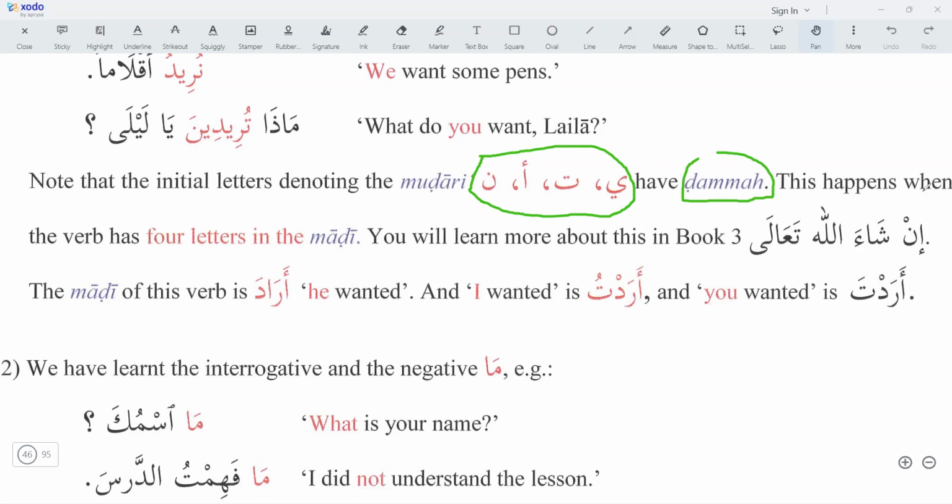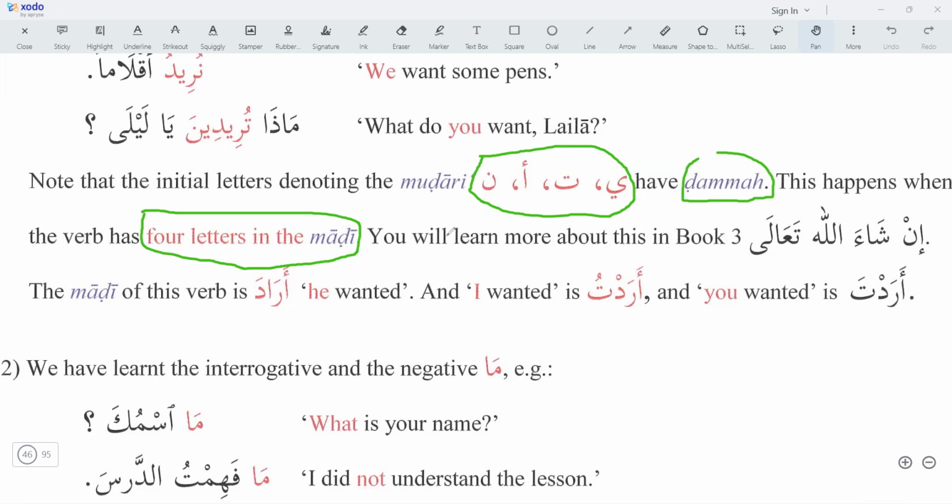This happens when the verb has 4 letters in the fi'l madi. If the verb has 4 letters, 4 radicals, in the fi'l madi, then in the fi'l mudare the harful mudare will take the dhamma.